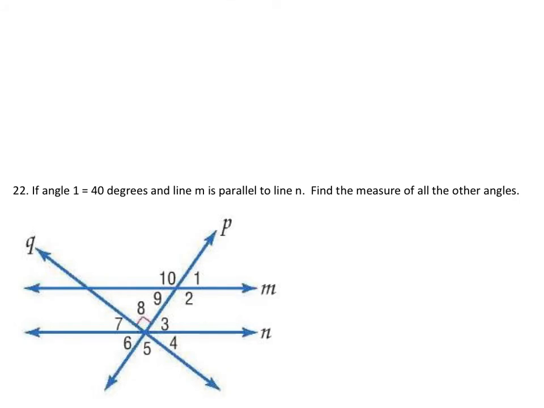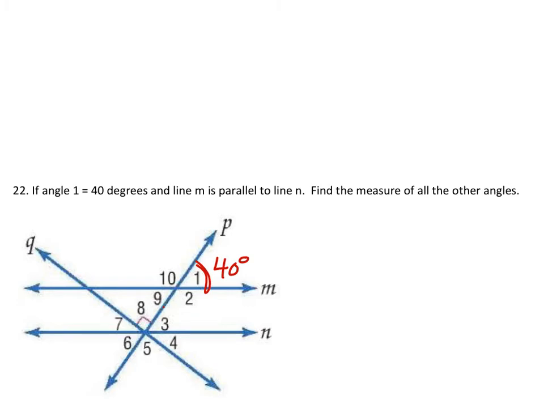All right, in the beginning it says if angle 1 is 40 degrees and line M is parallel to line N, find the measure of all the other angles. Well, that means angle 1 is 40 degrees, which we do need to know. Now if lines M and N are parallel, which it says they are, then we know that the special angle relationships are equal.